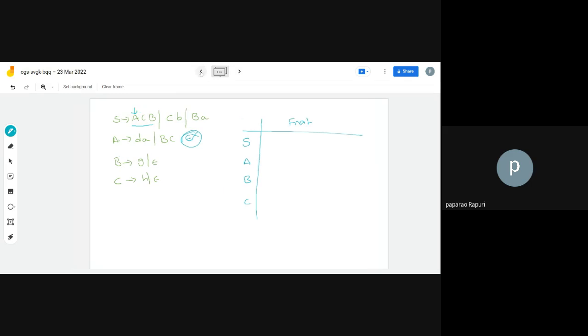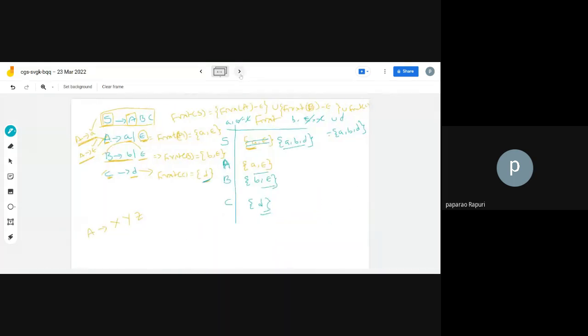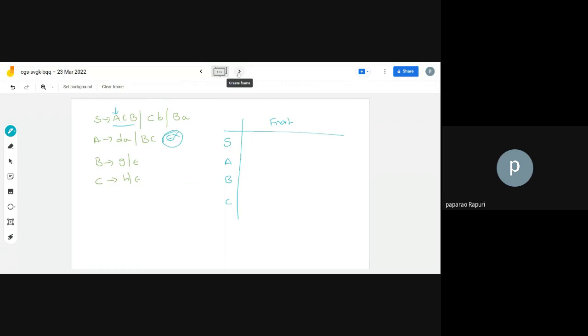So in that case, we need to move to the third rule. In third rule, first of A union first of B union first of C, like that. So when we add union operation, suppose if A is producing epsilon, then we need to move for next.